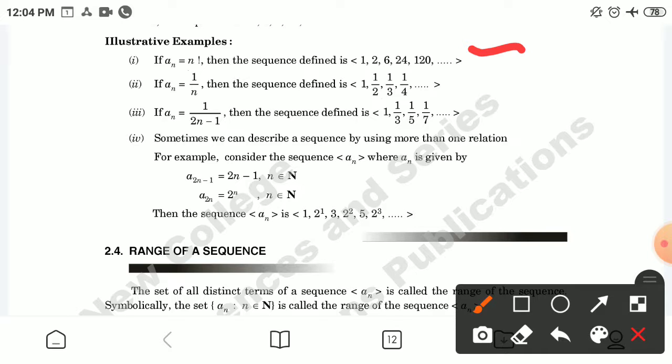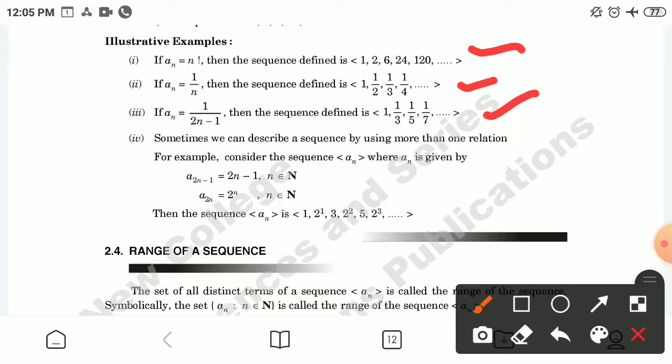Similarly, in second one, a_n equal to 1 by n, where n is a natural number, then the sequence defined is 1, 1 by 2, 1 by 3, 1 by 4. In place of n we are putting natural numbers. If a_n equal to 1 by (2n minus 1), then the sequence defined is 1, 1 by 3, 1 by 5, 1 by 7, and so on.